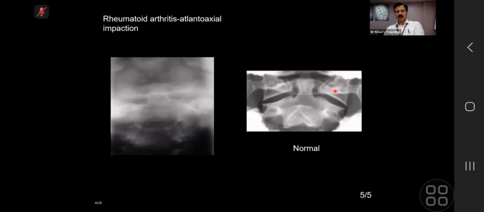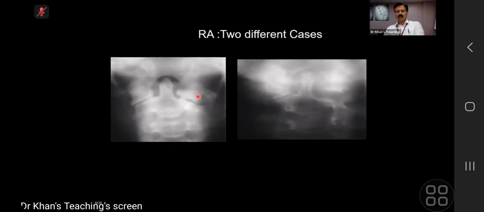In rheumatoid arthritis, just like there can be erosions of the dens, there can be erosions of this lateral mass. Look at these two examples. Here in this example, on the left side, you can see that the lateral mass is slightly eroded. Another example, and here you can see more erosion of the lateral mass.